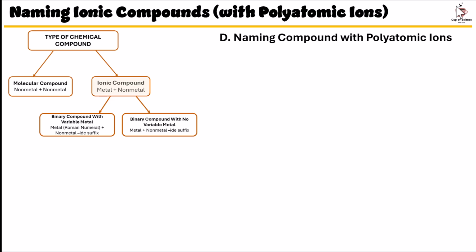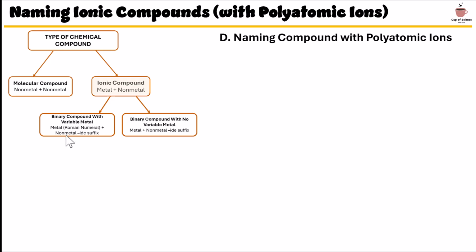So far, we've been dealing with naming ionic compounds, one with a variable metal that will require a Roman numeral attached to naming the ionic compound, or a metal that does not have a variable charge, and so it doesn't have a Roman numeral. And what do we do now?